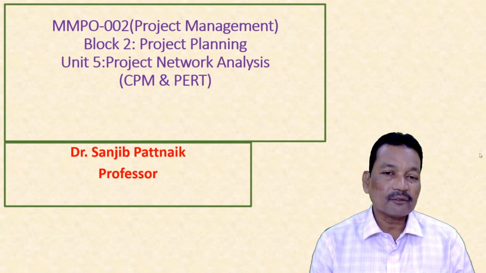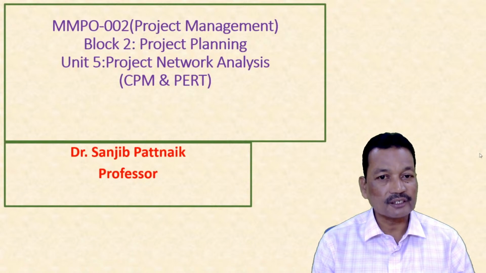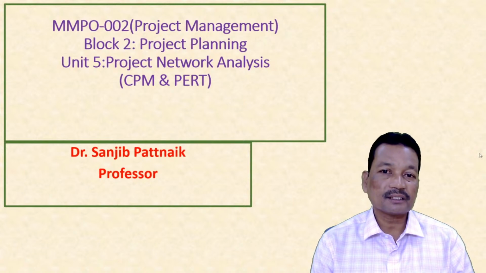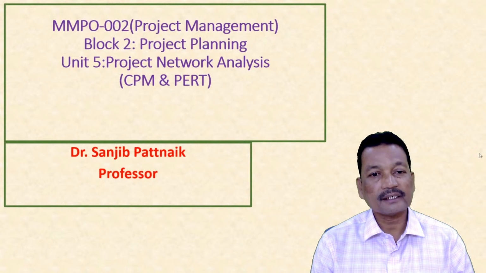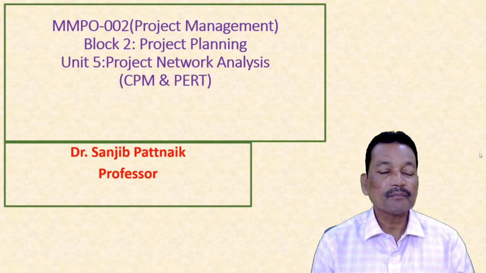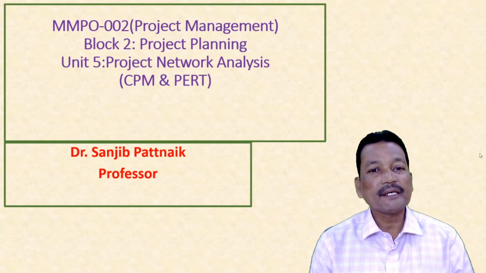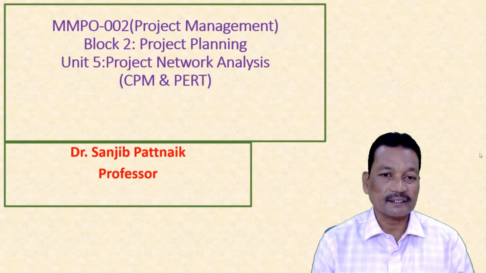Now, how can we know, or estimate, the time duration for completion of a project? For that, we use a certain analysis called network analysis. It has two types of techniques under it: CPM, or critical path method, and PERT, that is program evaluation and review technique.